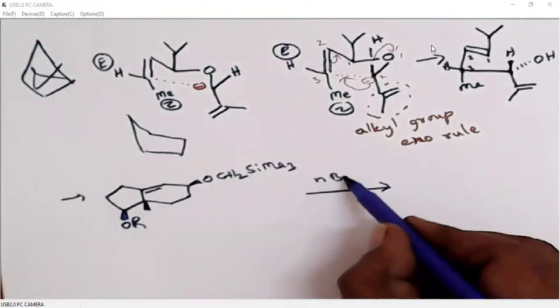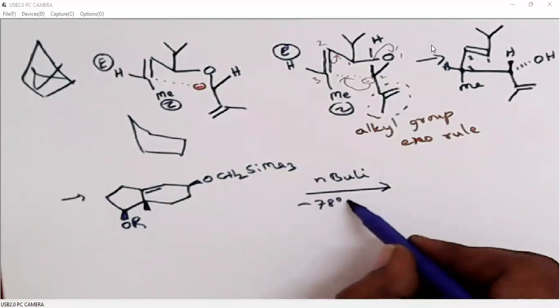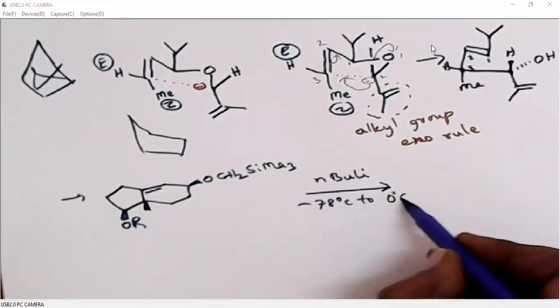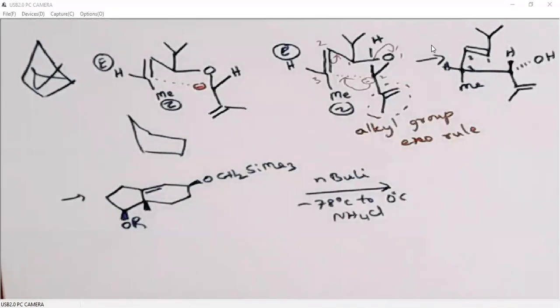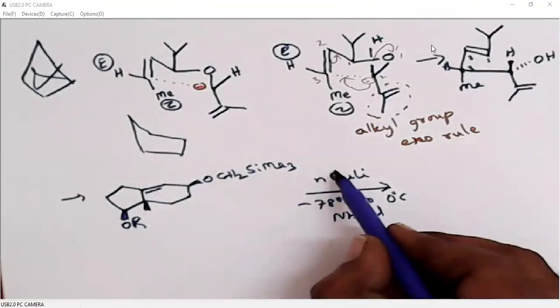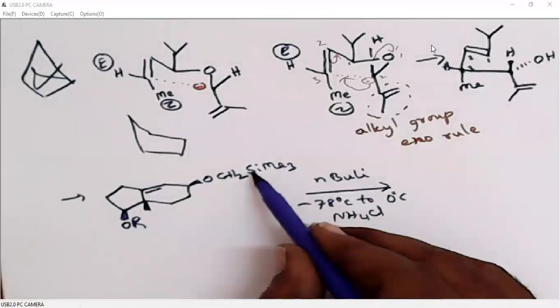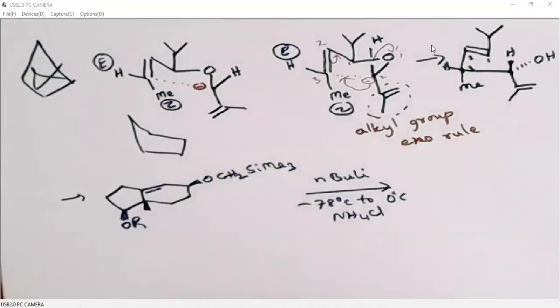When this is treated with n-butyl lithium, minus 78 degrees centigrade to 0 degrees centigrade, and finally we add ammonium chloride at the end of the reaction, then what happens? Butyl minus will attack on silicon, so it generates an anion on carbon.